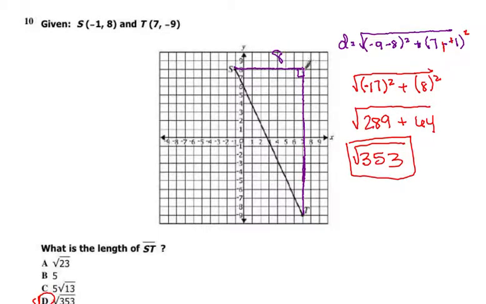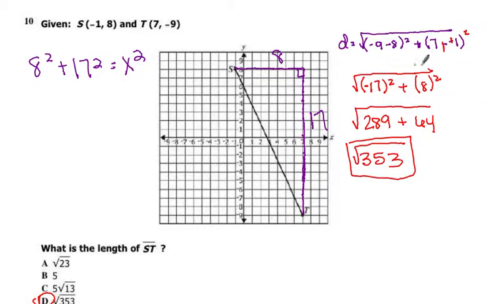And it is 1, 2, 3, 4, 5, 6, 7, 8, 9, 10, 11, 12, 13, 14, 15, 16, 17 units long. So you could have just done 8 squared plus 17 squared equals x squared.